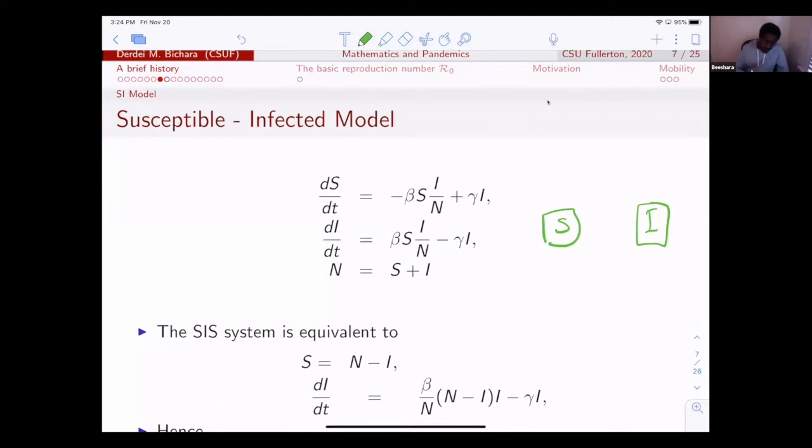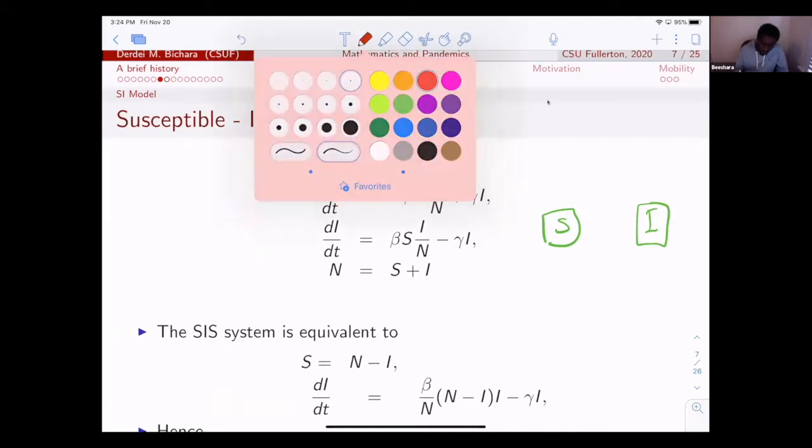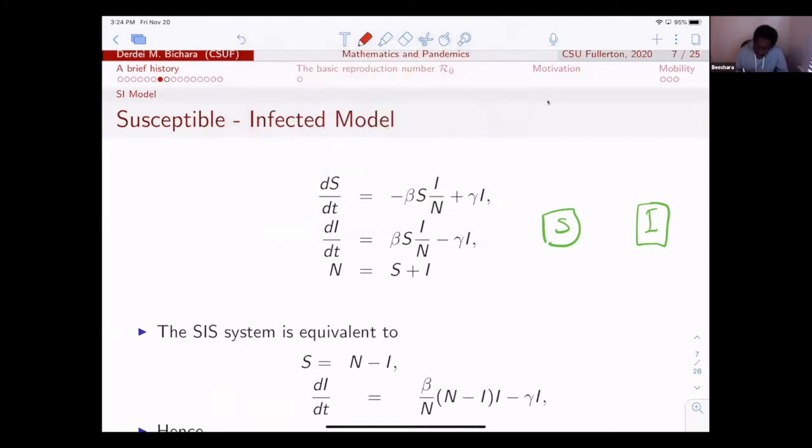So what they did is, if someone who is susceptible is in contact with someone who is infected, because a susceptible person will interact with all people, and among these, there are I/N who are infectious.